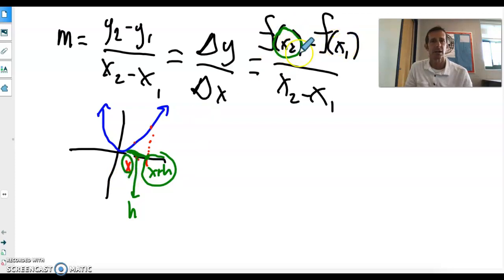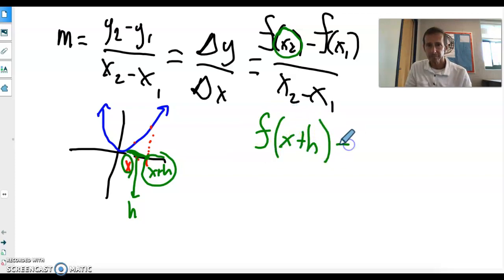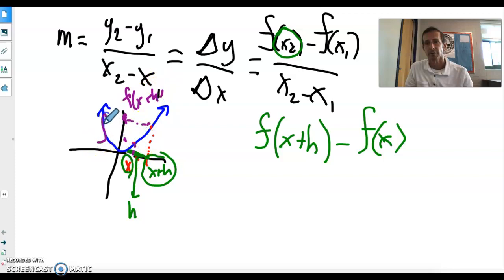I don't need to use x2 and x1 anymore. I can do it in terms of a single x. So that would be the value of f of x plus h minus the value of f of x, and again, that's giving me my output values. If this is x plus h, then this right here would be f of x plus h, some quick notation, and this one here would be f of x.